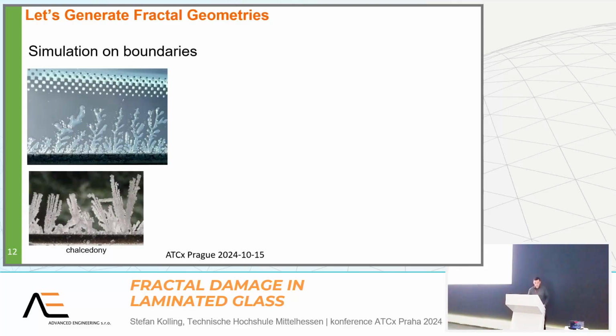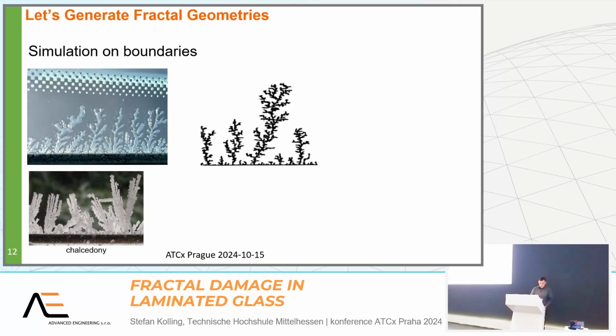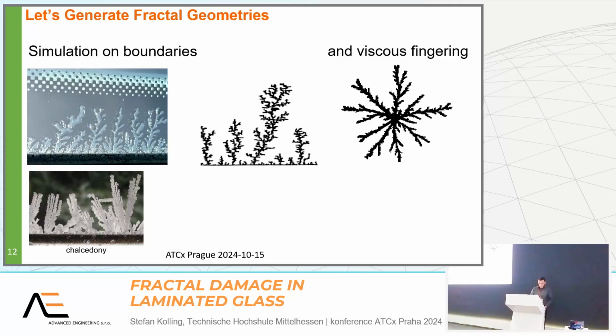So here some further generation of more fractal geometries at a boundary. So this is chalcedony and some fractal damage in a car. So it can also be simulated in a pretty good way.